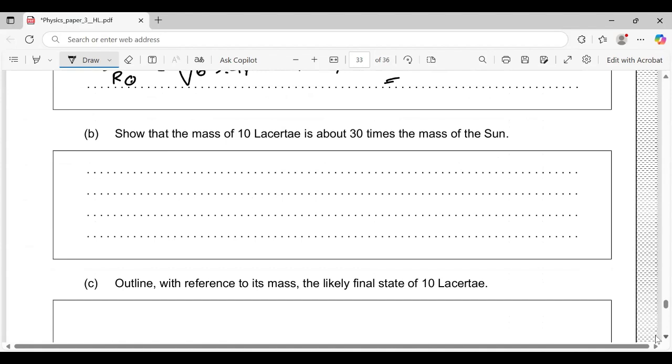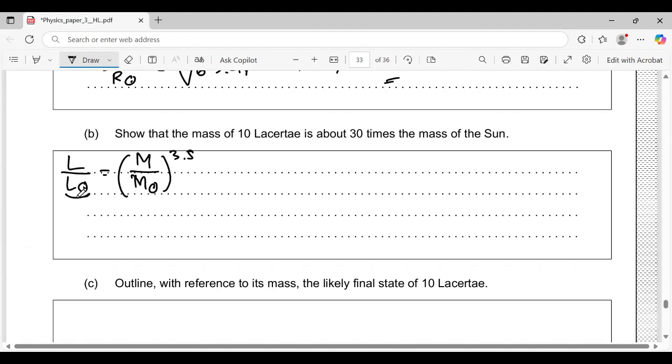Show that the mass of Tentacle T is about 30 times the mass of the sun. Okay. We use the mass-luminosity relation for main sequence stars. That is luminosity over luminosity of the sun equals M over mass of the sun to the power 3.5.